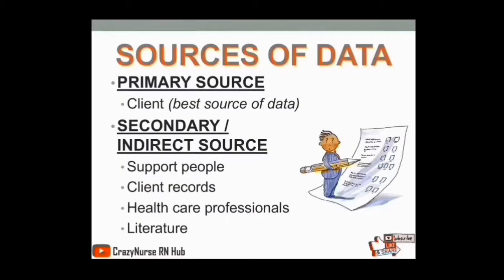Family members or other support persons, other health professionals, records and reports, laboratory and diagnostic analysis, and related literature are secondary or indirect sources. In fact, all sources other than the client are considered secondary sources. All data from secondary sources should be validated if possible.